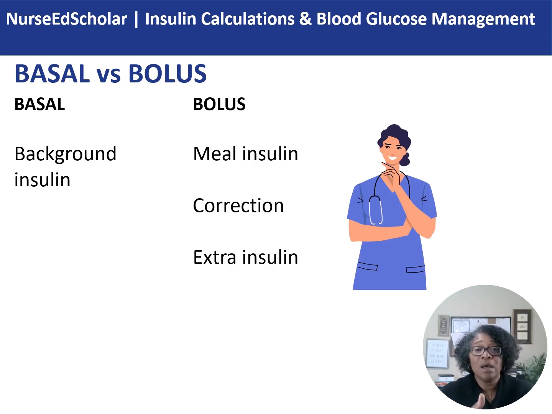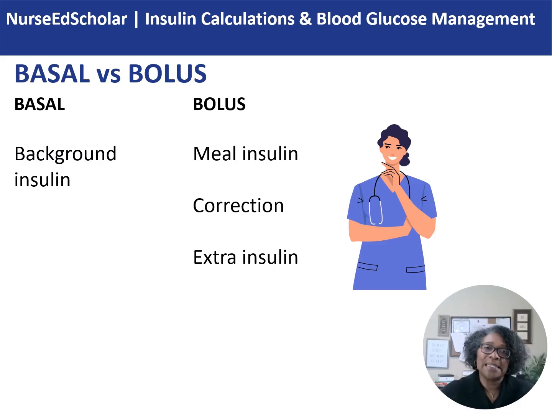And so this slide just talks about basal insulin, which is insulin that's working in the background. Like I said, it's controlling the blood sugar between meals and overnight. And bolus insulin is given at mealtime. It may be given with extra insulin, more or less, when using a sliding scale, because sometimes your patient may receive a rapid-acting and then regular insulin.